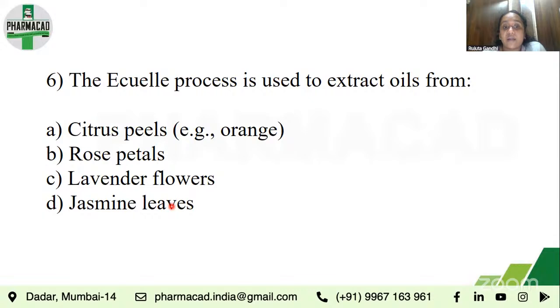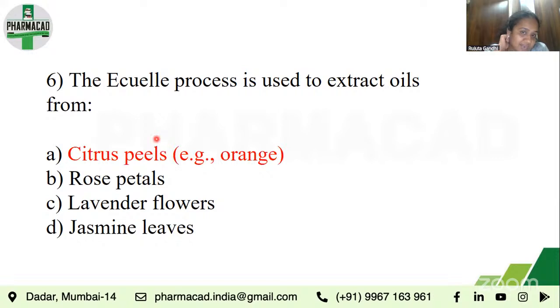There is one more, known as the enfleurage method, and that is generally used for extraction of volatile oil from plant petals. Okay, so here the answer is, as I already said, citrus peels. Examples given here are orange or lemon, which is Citrus limonis or Citrus aurantium. See, this is how we have to recollect. When you are solving notes, see to it that you don't stick to that MCQ.